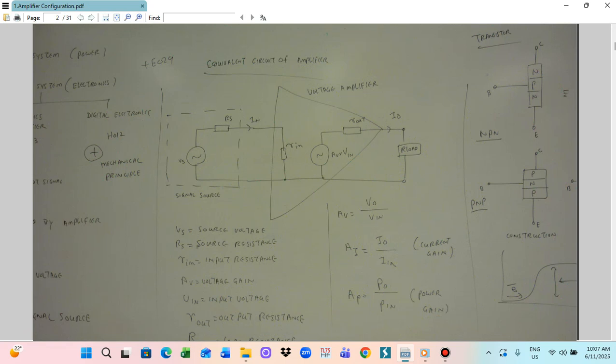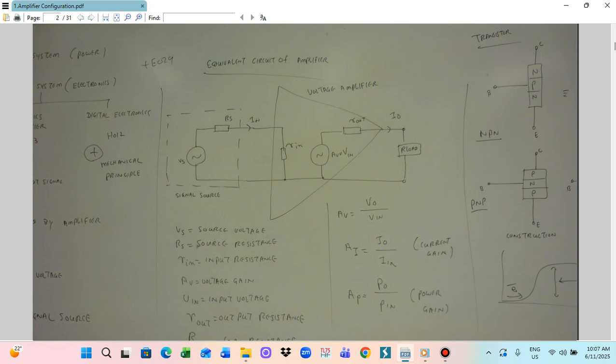Then this is the amplifier, which we supply with our input resistance. The signal comes in here. So this will be the output signal AV multiplied by VA, where AV means the voltage gain, and then the R out, the output resistor.